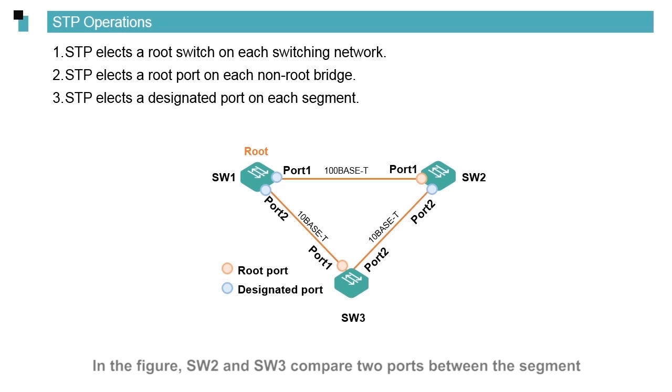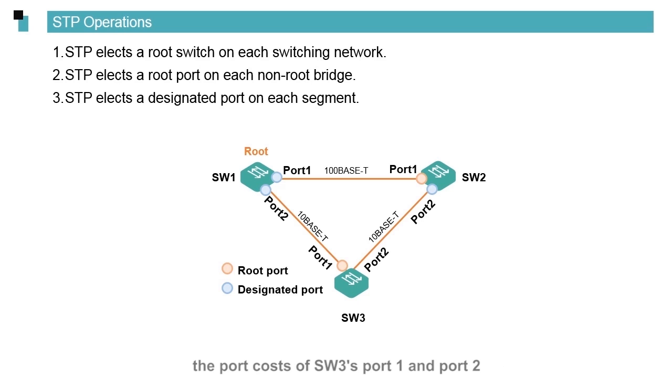In the figure, SW2 and SW3 compare 2 ports between the segment. The 2 ports have the same root ID. The path costs are compared. The path cost of BPDUs received by SW2's port 2 is the sum of the port costs of SW3's port 1 and port 2.